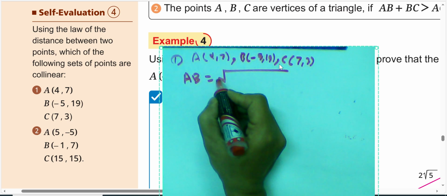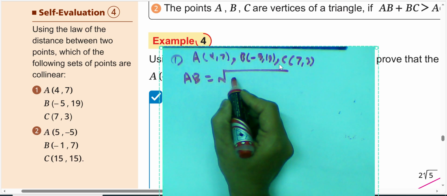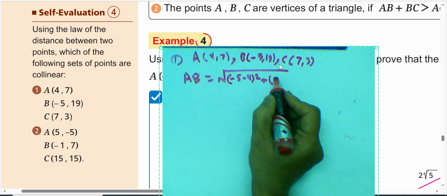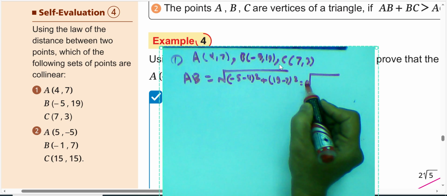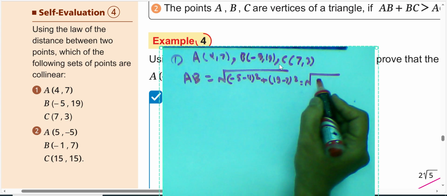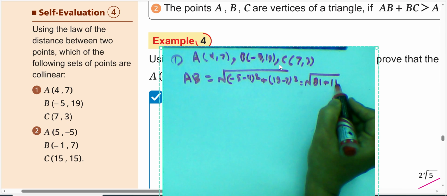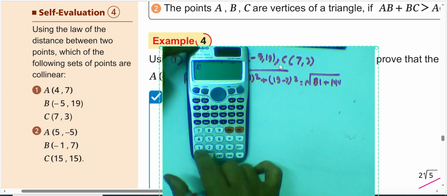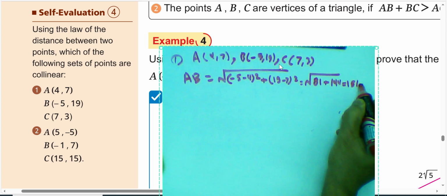Points A and B: -5 minus 4, power 2, and 19 minus 7, power 2. -5 minus 4 is -9, power 2 is 81. 19 minus 7 is 12, 12 power 2 is 144. The square root of 81 plus 144 equals 15 length units.